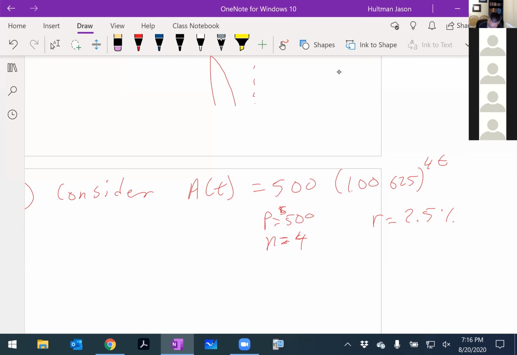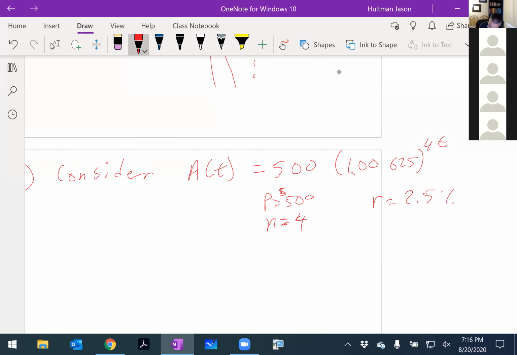So we worked a little backwards. We're compounding quarterly at 2.5% annual interest, compounding 4 times, and I can find out how much money I will have made after a certain number of years, right? T is time in years.